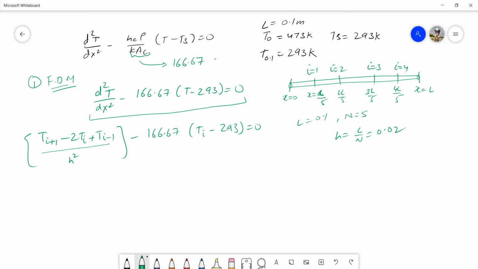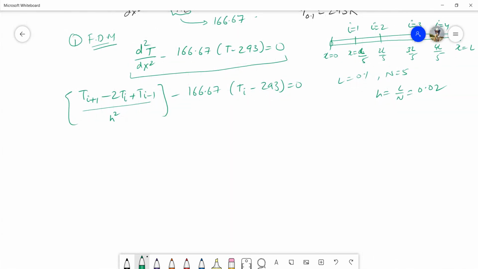Upon simplifying, we have Ti plus 1 minus (2 plus 166.67 h square) Ti plus Ti minus 1 equals minus 166.67 h square into 293.